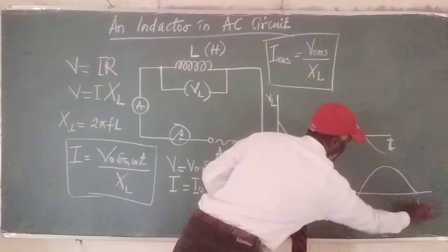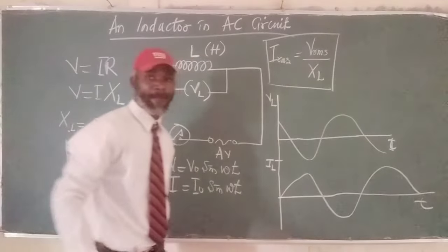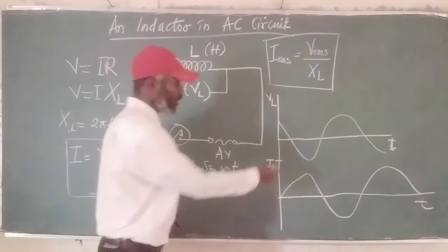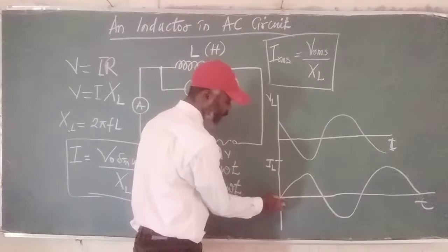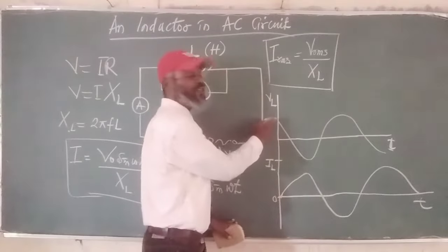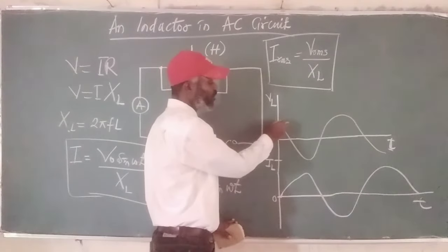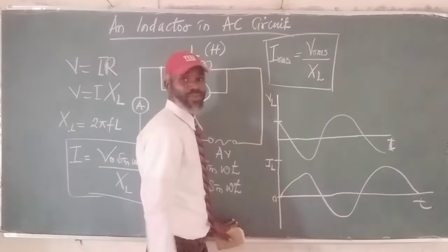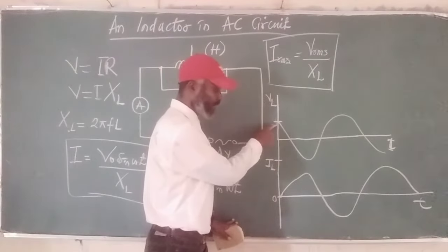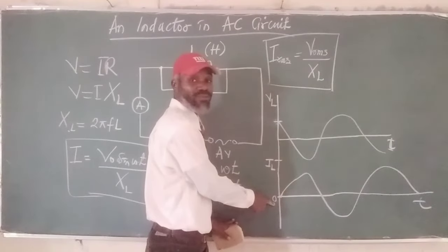Look at these two illustrations. When the current is at zero, the voltage already has some value at this point. That means it leads. Current is about to come up from zero.